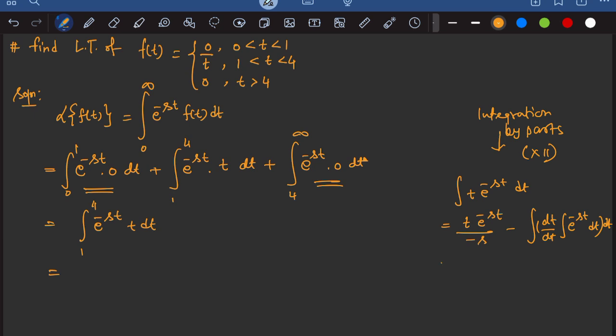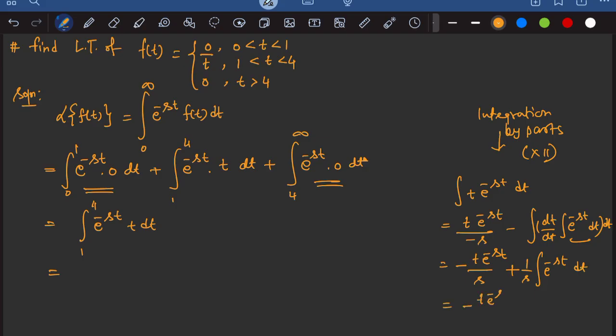If you just do this, you get minus t e power minus st by s, and from the other part minus 1 by minus s, so plus 1 by s times the integral of e power minus st dt.